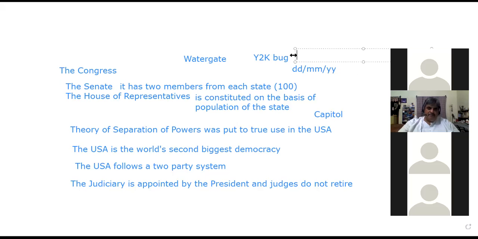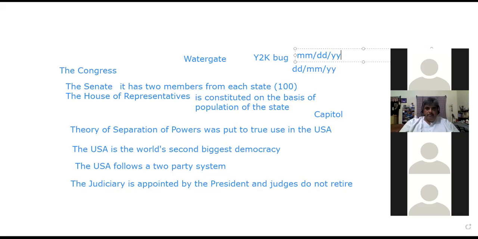The Americans, of course, have to be different, so they introduced this system: month, date, and year.